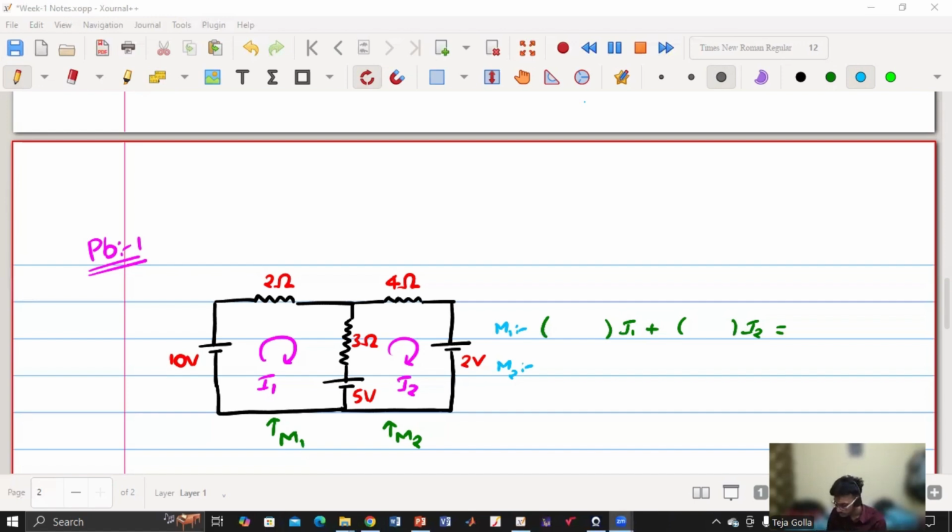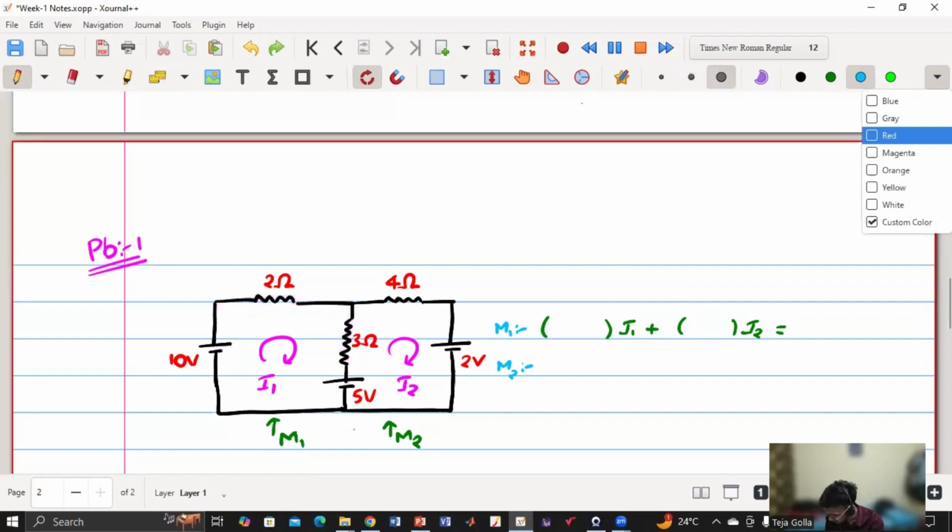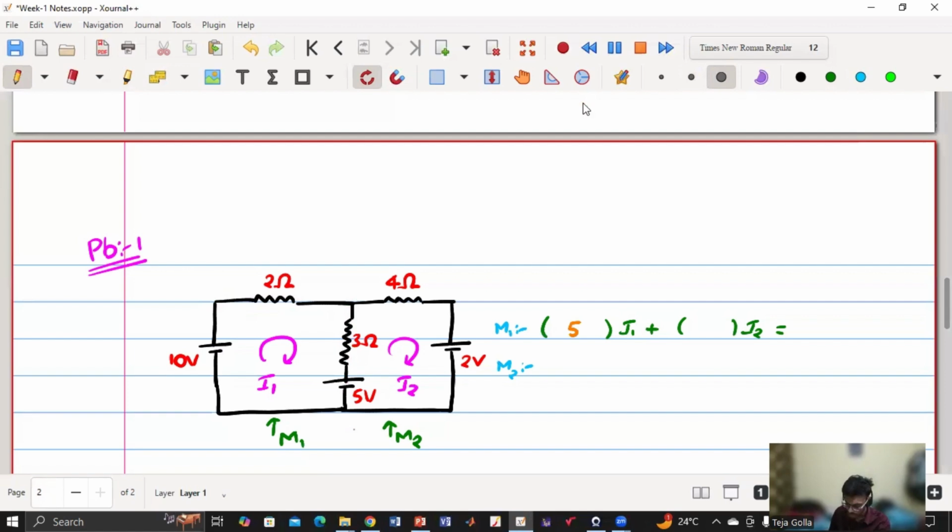So as we are writing the equation in mesh M1, the I1 coefficient will be the summation of the resistors in the mesh M1. So what are the resistors in mesh M1? 2 and 3. So it will be positive because it's inside that mesh, so the value will be 5. Many people have said. And the I2 coefficient will be the negative of the resistance that is in common.